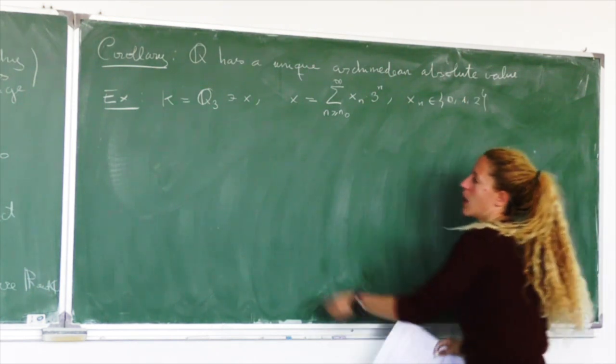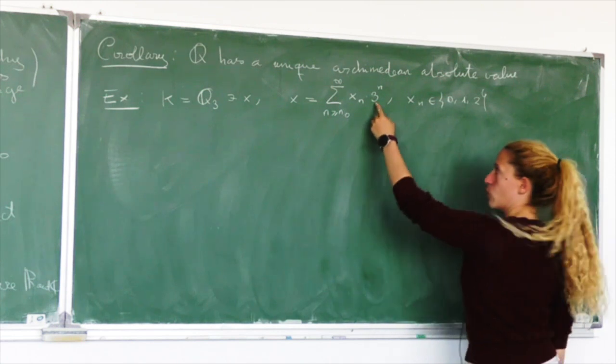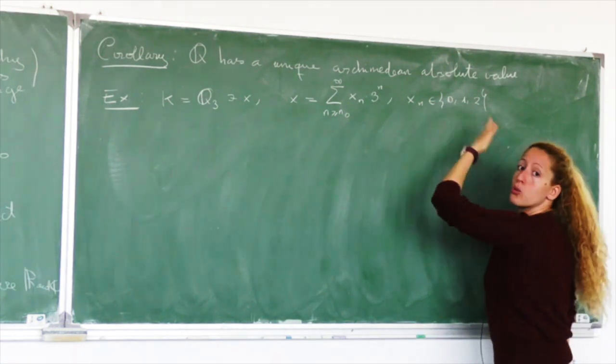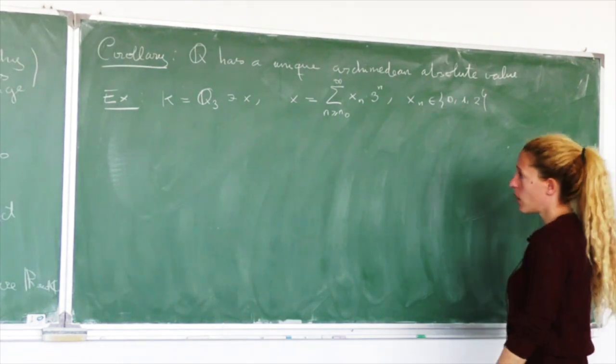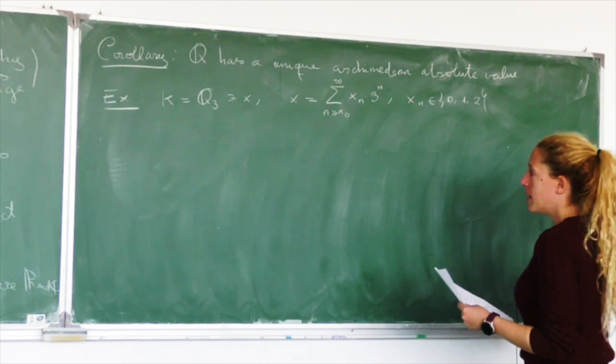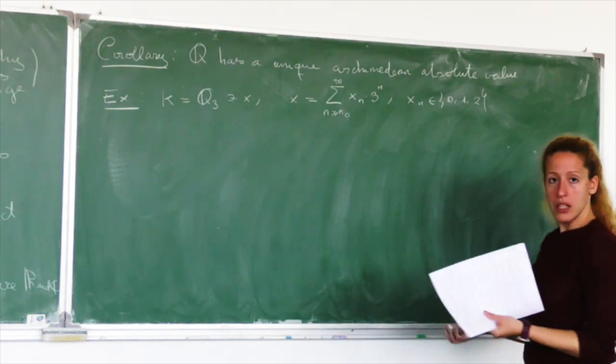In general, if you have Q_p, here you are going to have p to the n, and here the set is going to be 0, 1, 2, up to p minus 1, right? So elements look like this. Here the valuation is 3, right?